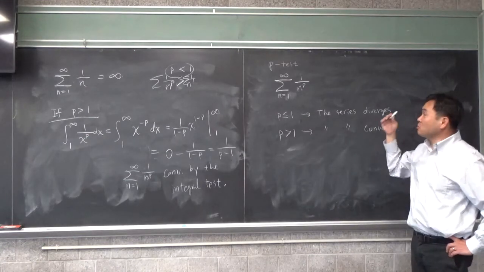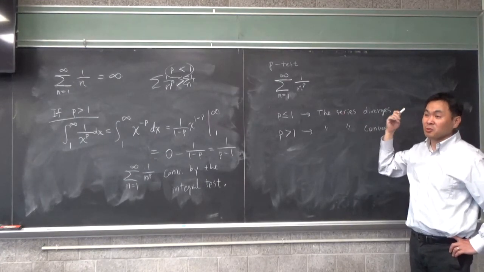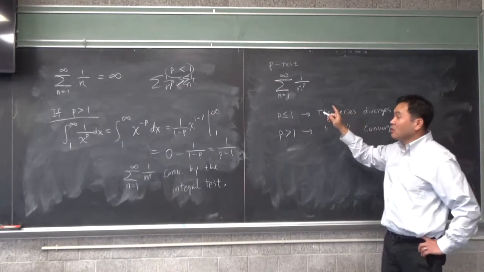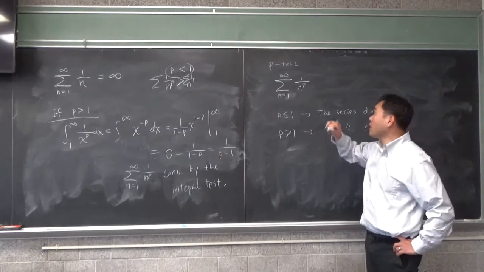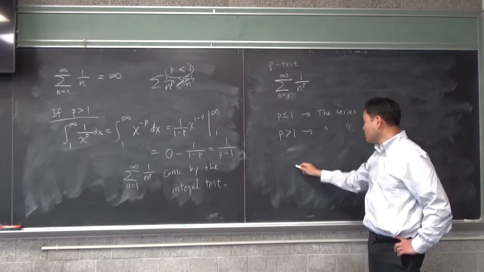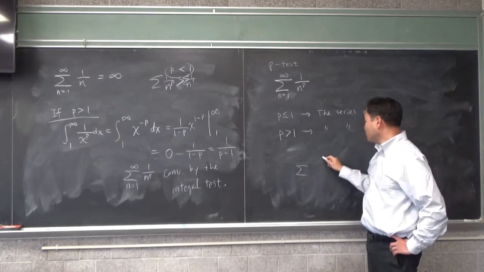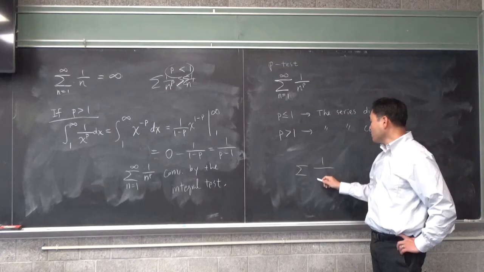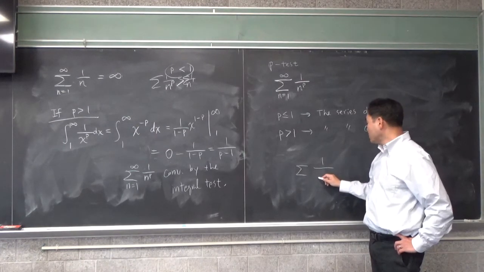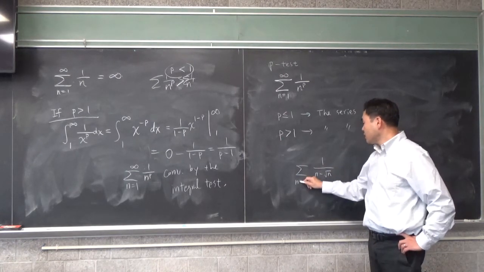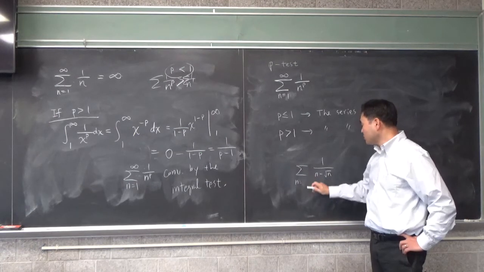While that seems too specific to be useful, what we can do is use other series to compare with this one to draw conclusions. So for example, if I had the summation of 1 over n minus square root of n from 2 through infinity.